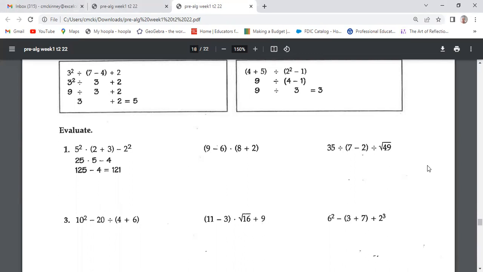So a little tiny bit about square root. For instance here, square root of 49 is the inverse or the opposite of squaring. So we know that 7 squared is 49. So the square root of 49 is 7.